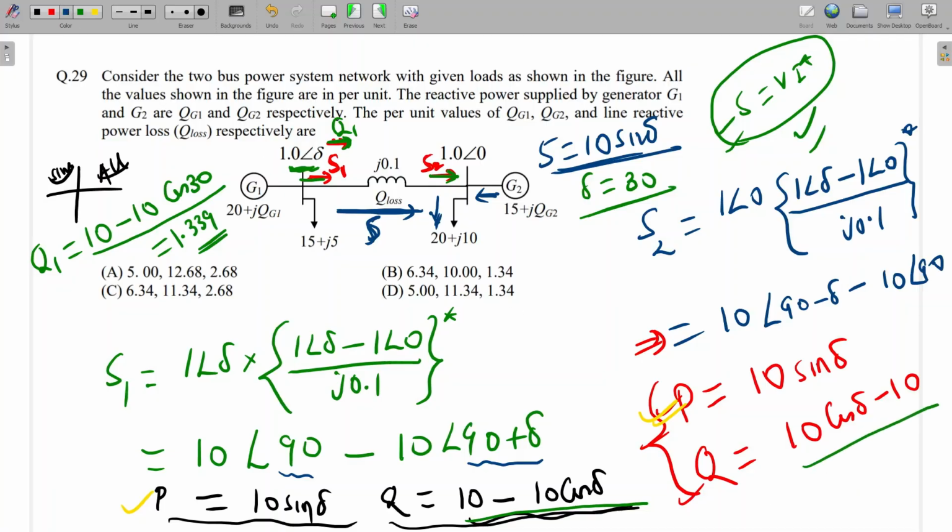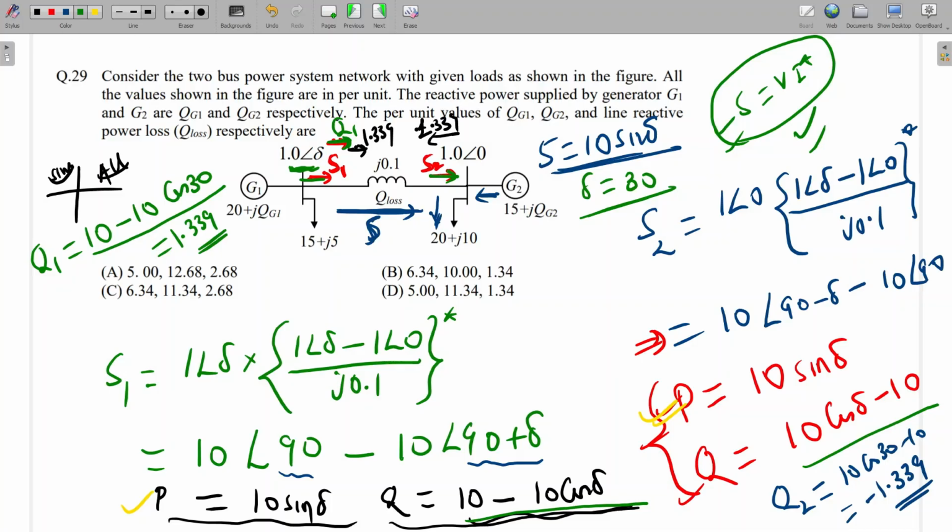So what will be the value of Q2? It will be 10 cos 30 minus 10, so minus 1.339. So from this side 1.339, and from the other side minus 1.339 means in the opposite direction it will come as 1.339.